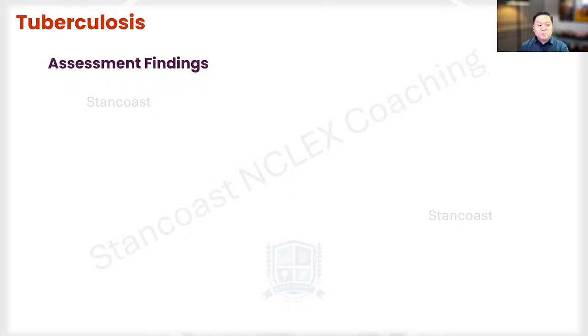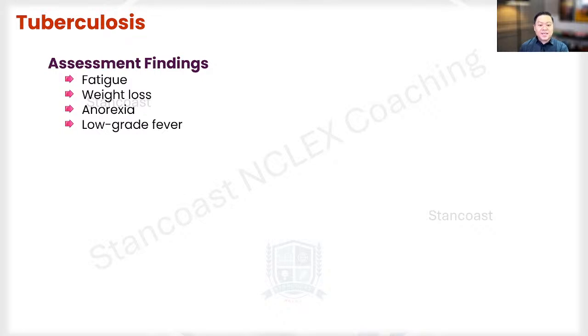Most of the general manifestations we can look for in this patient would probably include fatigue, of course, anorexia, and loss of weight. There is also going to be some low-grade fever, night sweats, and the patients will also experience acute fever, chills, and some flu-like symptoms.